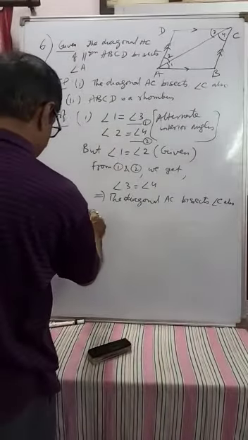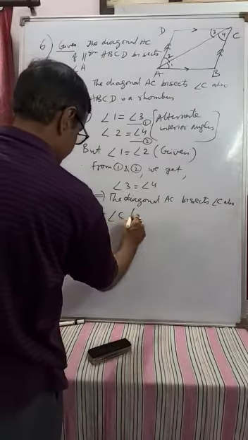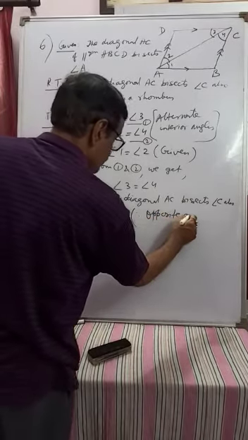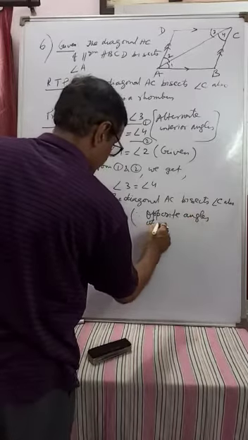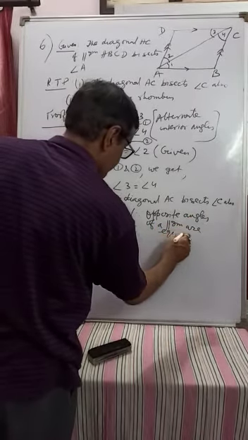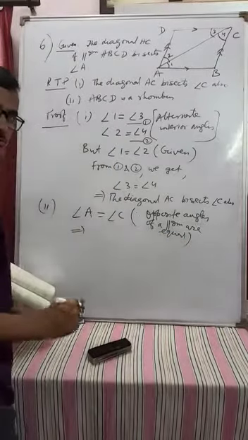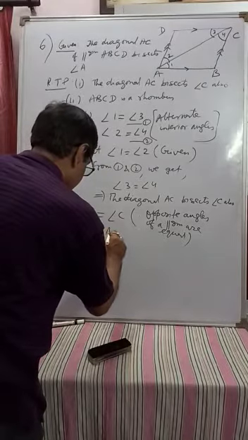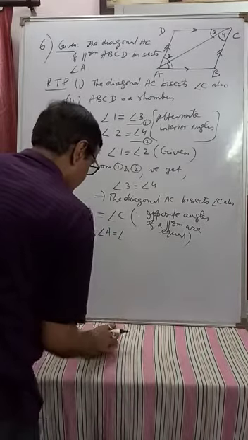Angle A is equal to angle C because opposite angles of a parallelogram are equal, we know. So if these two angles are equal, then their halves are also equal. So half of angle A is equal to half of angle C.